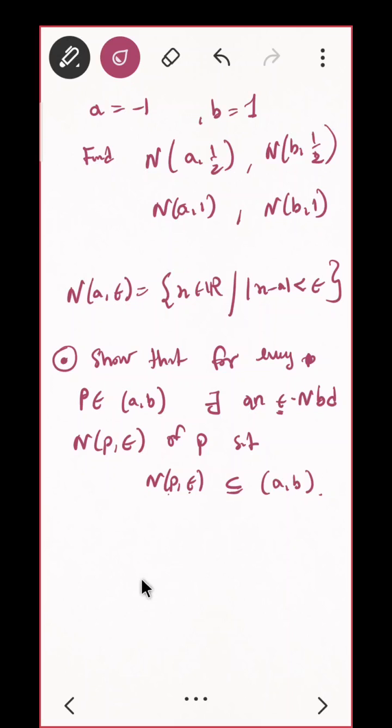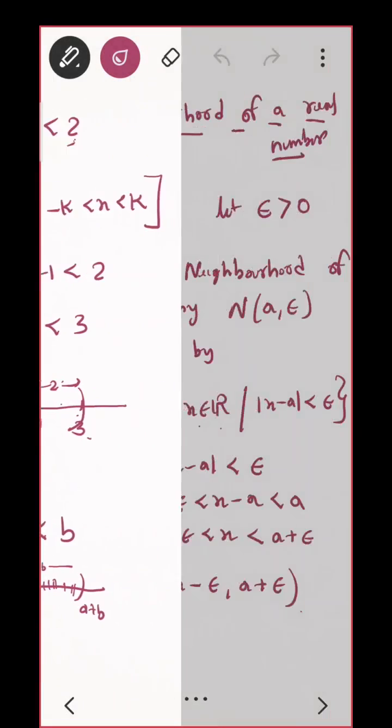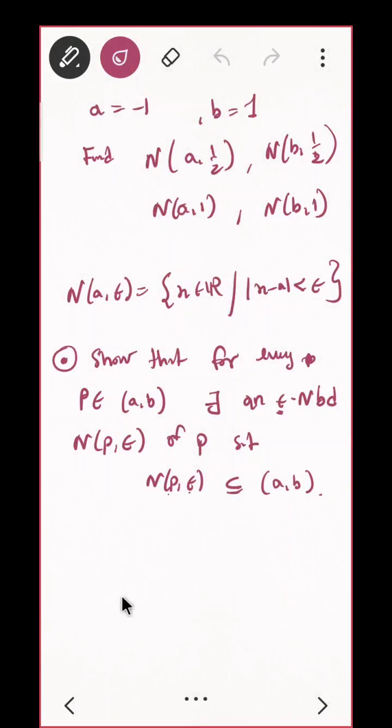So I'll give you one example. In the earlier case, you already saw. I'll take this one only. Suppose I am talking about 1 that belongs to the interval -1 to say 3. Do you agree? 1 belongs to this interval.